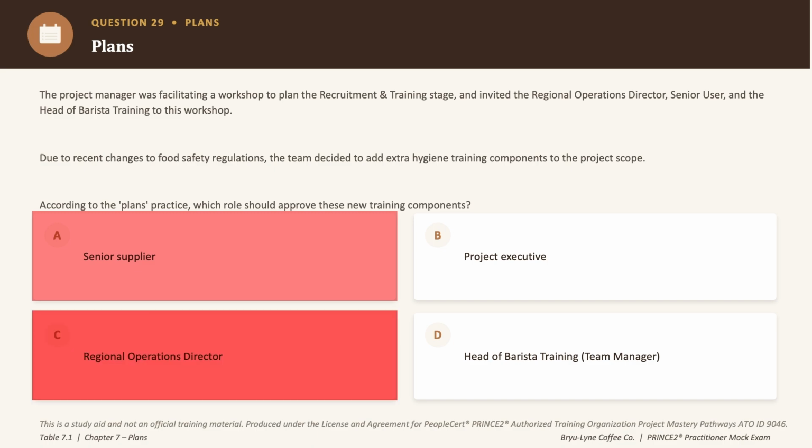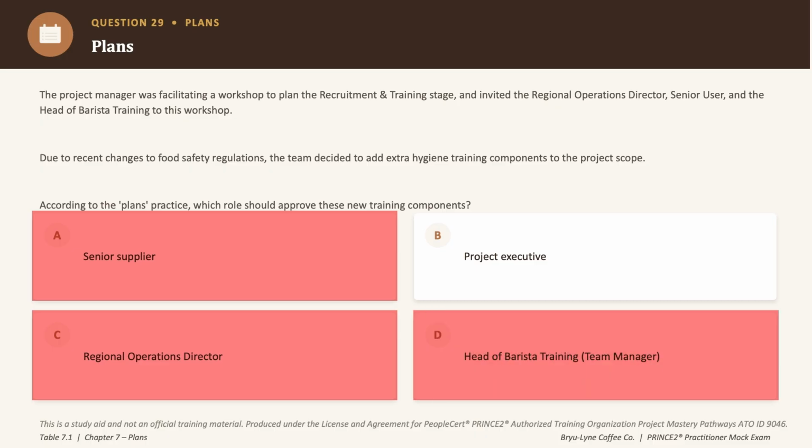So eliminated as well. Option D says head of barista training, acting as the team manager whose role is delivering the work packages, okay, and it is definitely not approving scope changes, because approving scope changes comes with a lot of responsibility on the overall success or failure of the project.